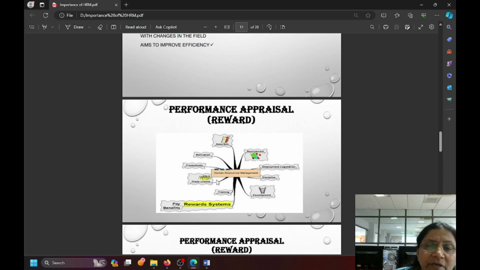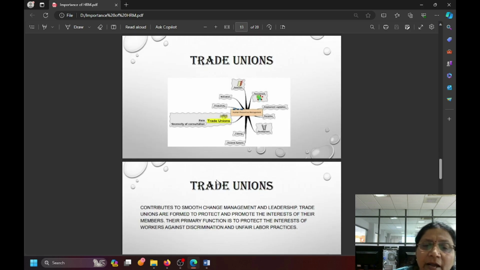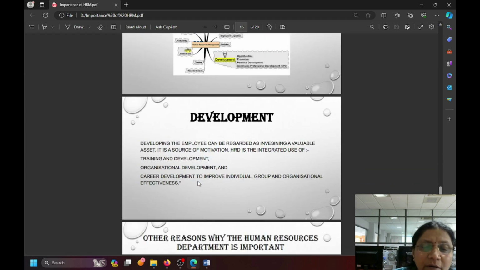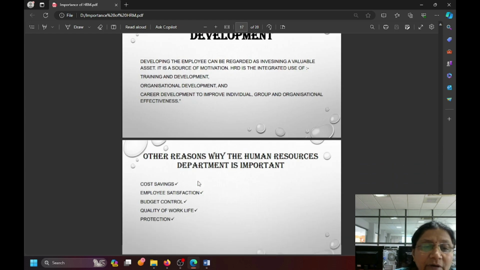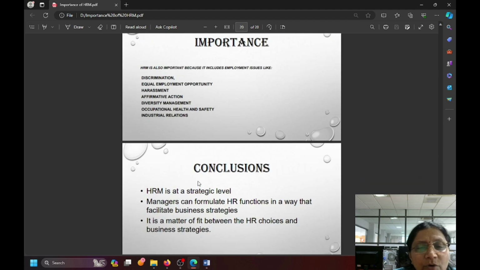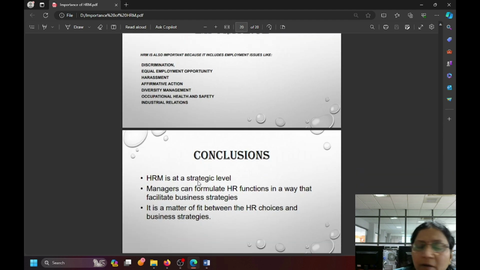The next one is reward or performance appraisal. And then the last part is trade unions, disputes and settlement, all those things we are going to learn here. So this is about the course HRM.